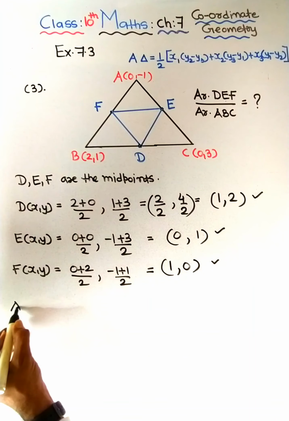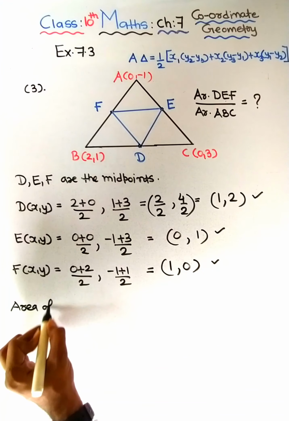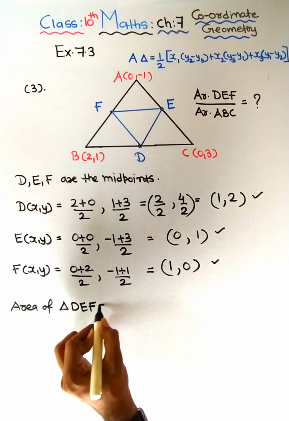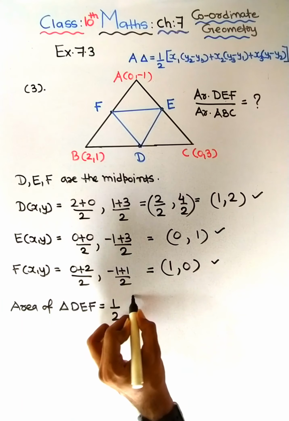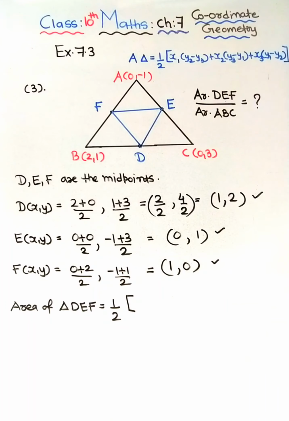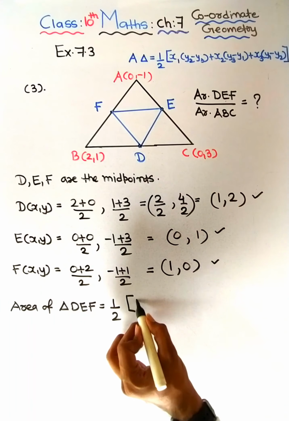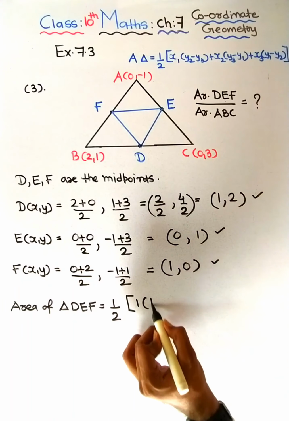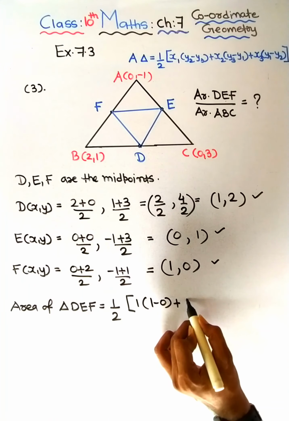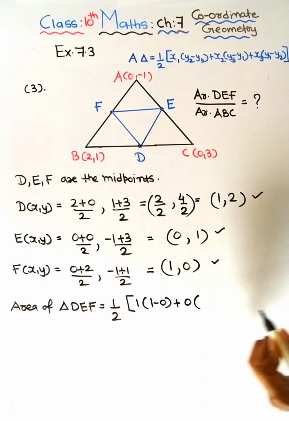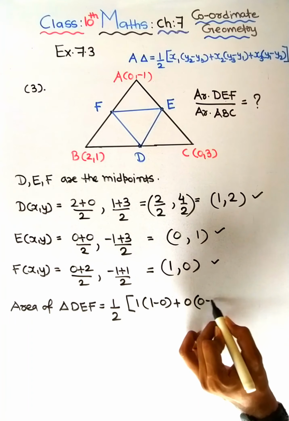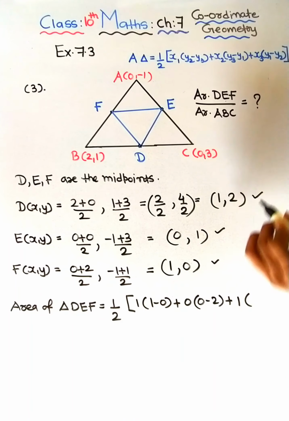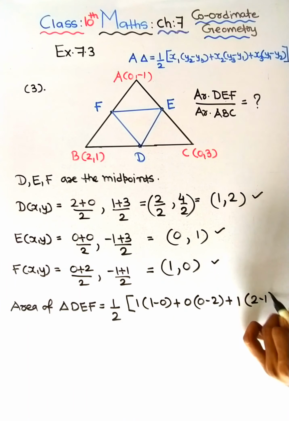So let us find the area of triangle DEF. Okay, using the same formula. This will be the coordinates. Now x1, that is 1, into y2 minus y3. That means 1 minus 0. Plus x2 is 0, y3 minus y1, 0 minus 2, plus x3, that is again 1, y1 minus y2 is 2 minus 1.